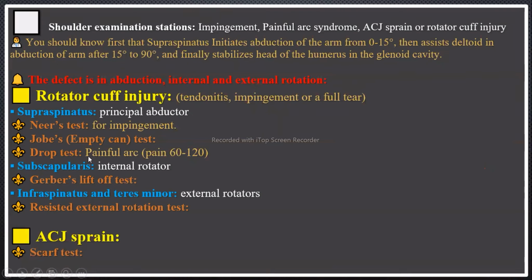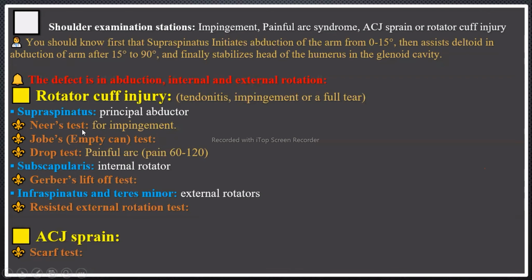Drop test means you ask the patient to move his arm, and after that ask him to slowly lower it. If it drops, it means positive. We will discuss that. So it's called painful arc, or all of them are for impingement or tear.